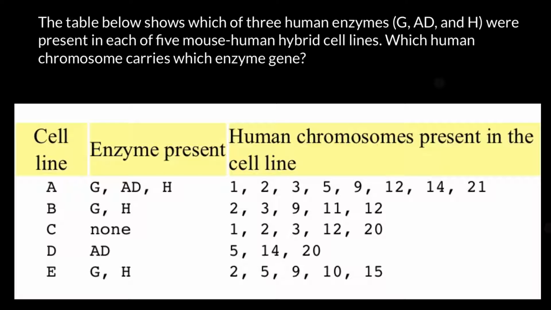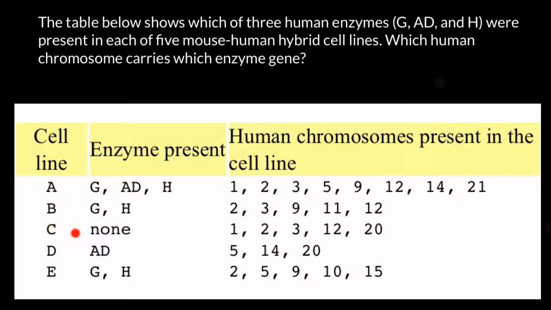So basically now we have 5 cell lines, so here are the names of the cell lines, and different numbers of human chromosomes are present and different numbers of enzymes are produced.